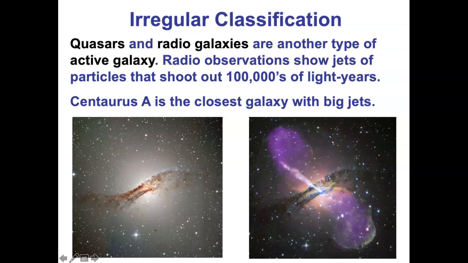If you take a picture of this galaxy in the radio spectrum, there are two bright jets shooting out of the center of this galaxy, and it's blowing out a lot of hot gas, and that hot gas is giving off radio waves. It's blowing two big bubbles of hot gas out into space. The hot gas doesn't give off a lot of visible light, but it gives off plenty of radio, and this tends to stand out.